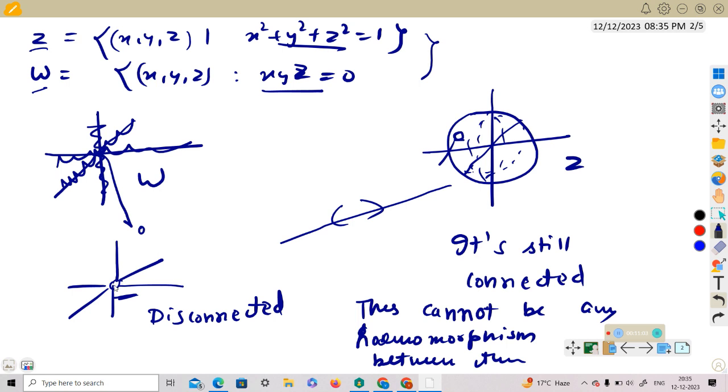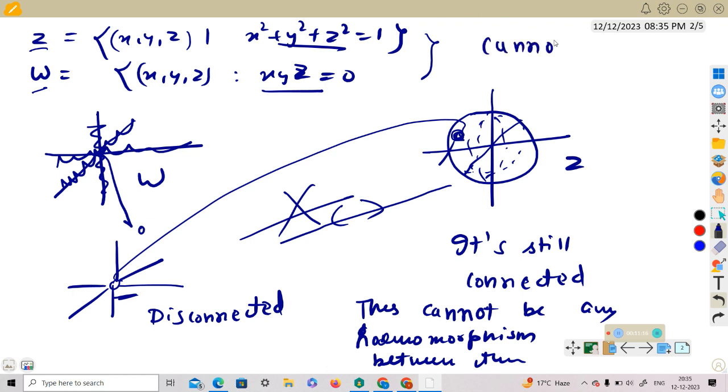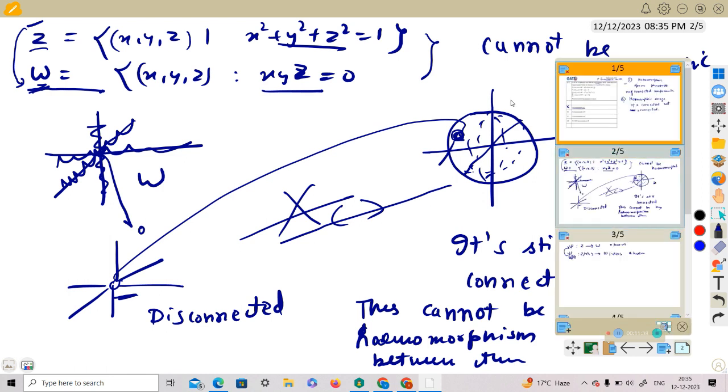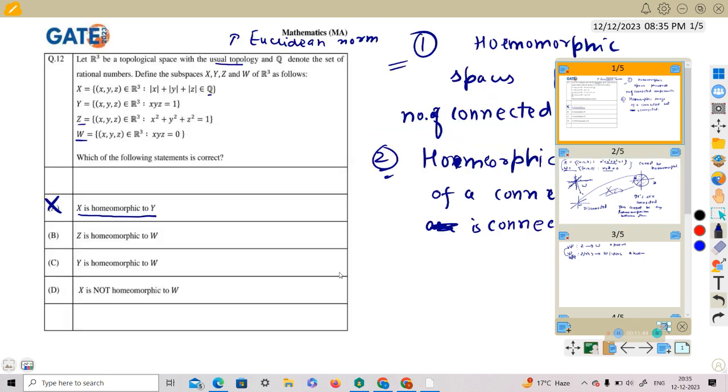But when we remove an element from here and whatever its image is is also removed, these two are not homeomorphic. So Z is not homeomorphic to W.